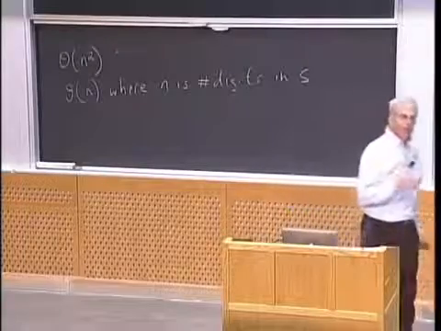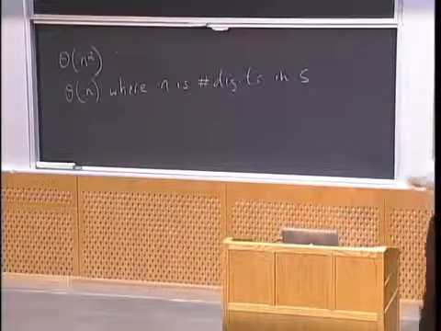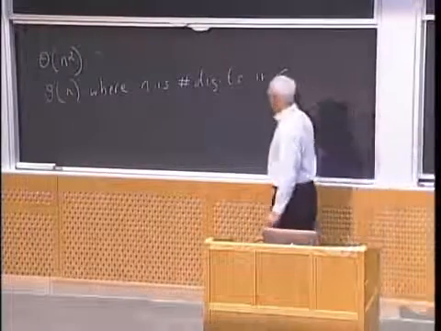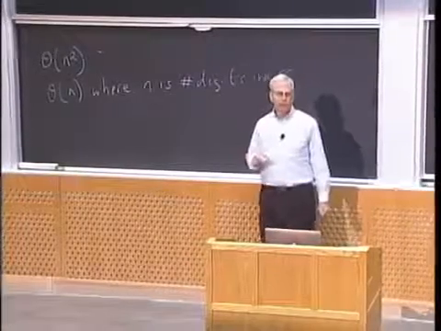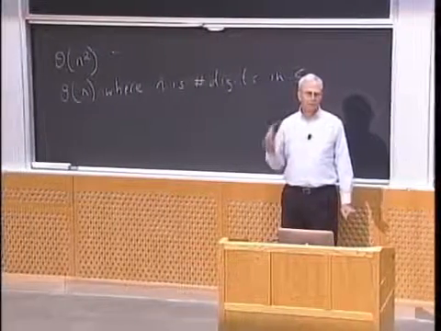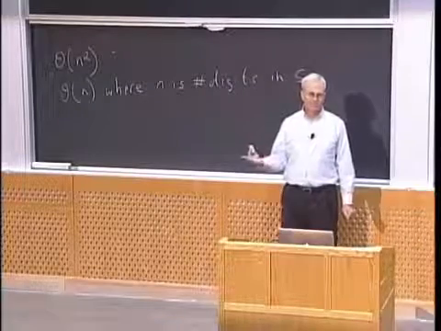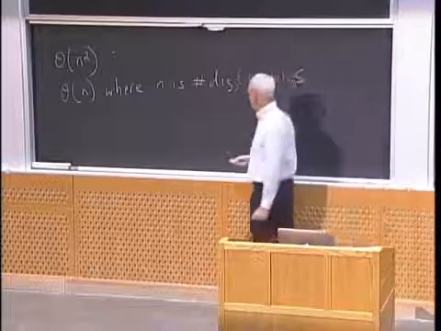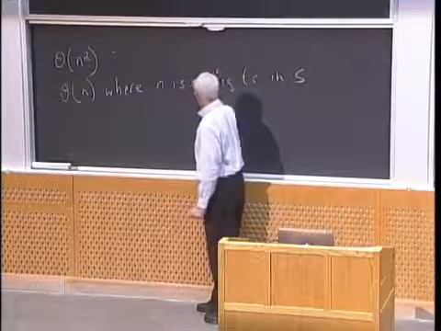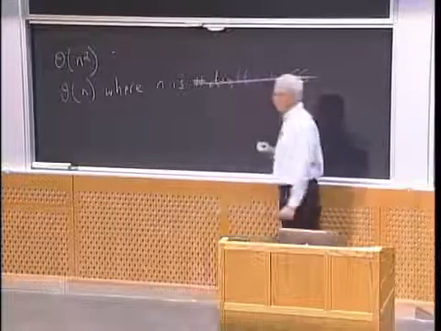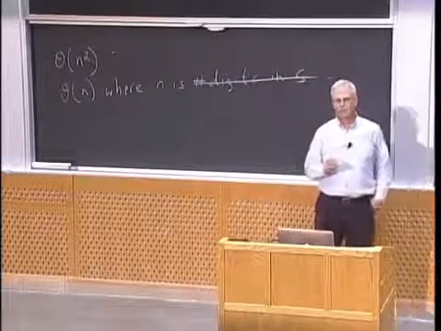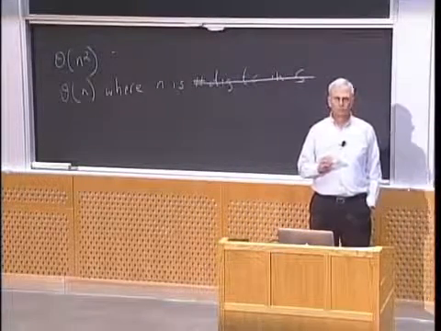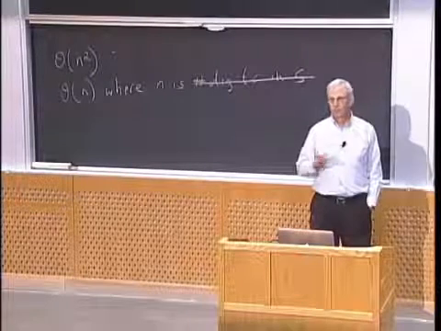So somehow I'm going to have to express the complexity not in terms of S, but in terms of what? X. So that's no-go. So what is it in terms of X? How many digits?